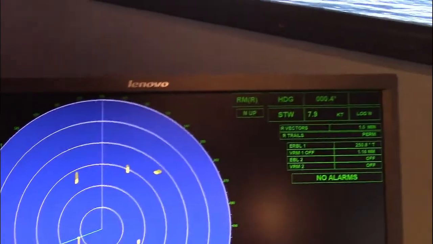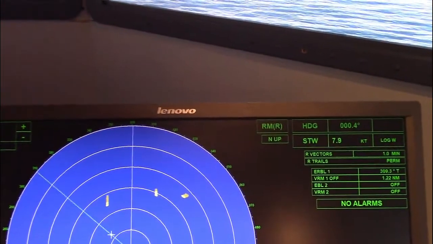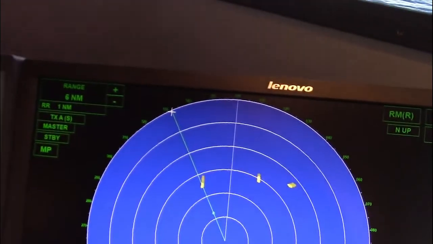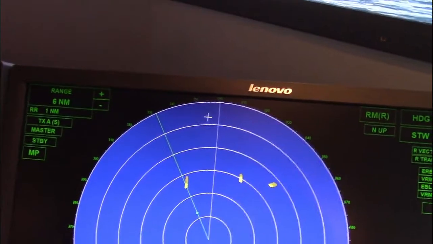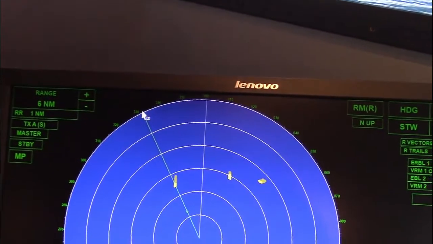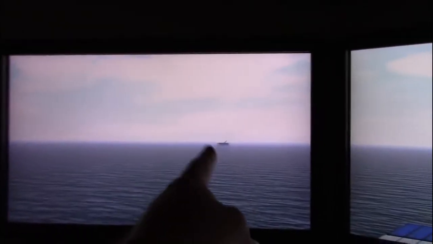Okay, so let me put the EBL on him, or her, or it, they, as you prefer. And the true bearing is 333, but as I go here, it's 10, 20, 27 degrees off the bow. So 27 degrees is not a whole heck of a lot, so that's about right there.